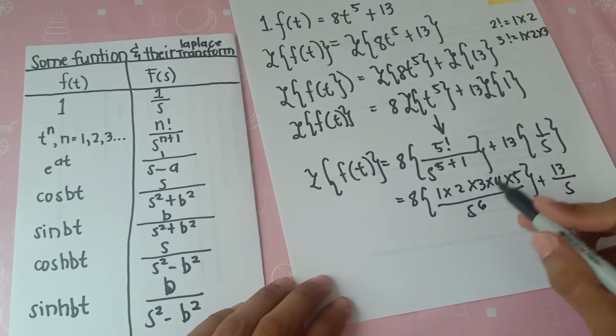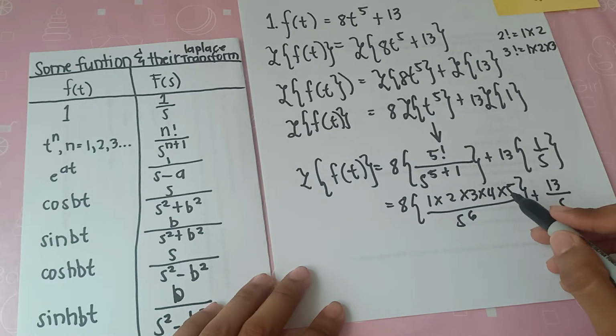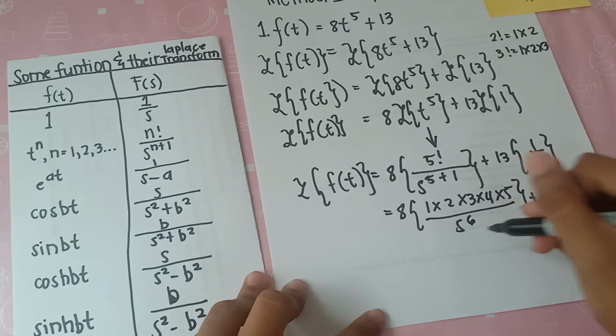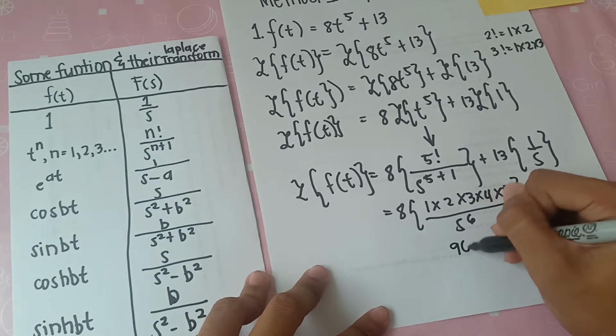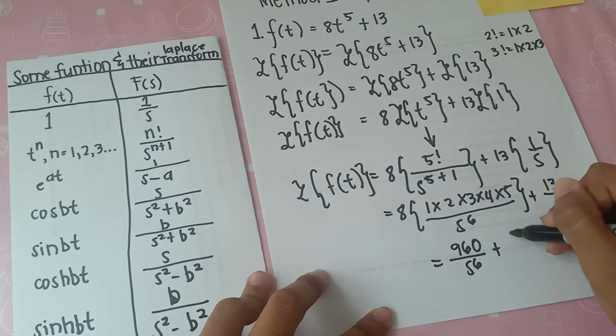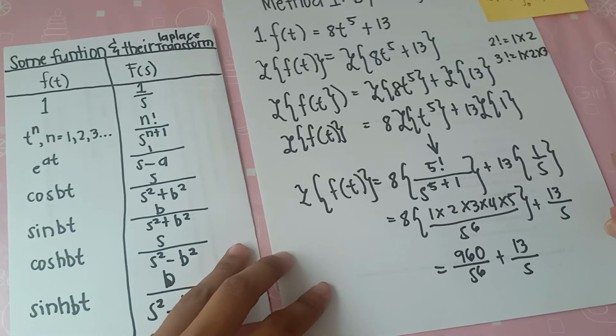Then 1 times 2 times 3 times 4 times 5 is equivalent to 120, and 120 times 8 is equivalent to 960. So therefore, 960 over s to the 6 plus 13 over s. Then simplify.